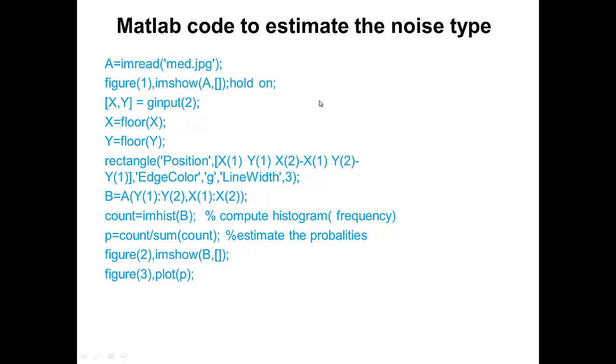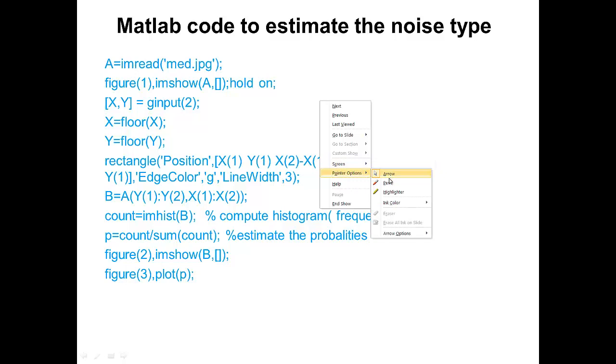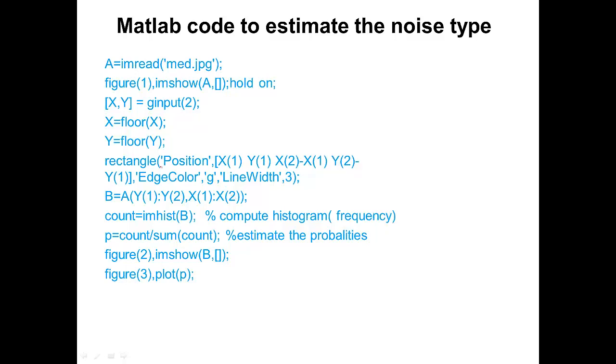Okay, let's get the pen. Also, we introduce another function here. This function, in fact, draws a rectangle on the image. The position here is something you don't need to care about, you just put it here. Then you put the coordinates of the start point of the rectangle.